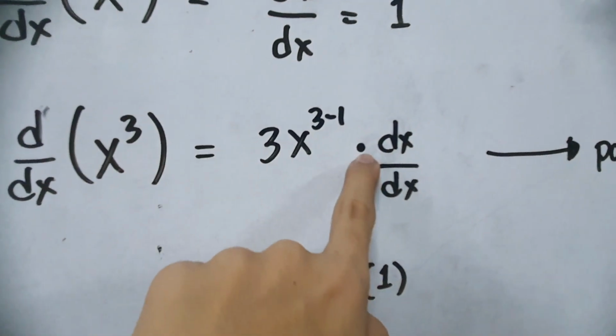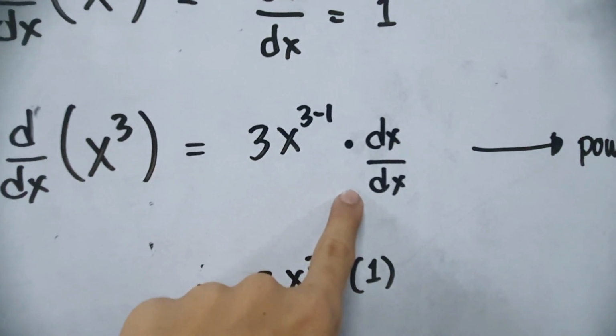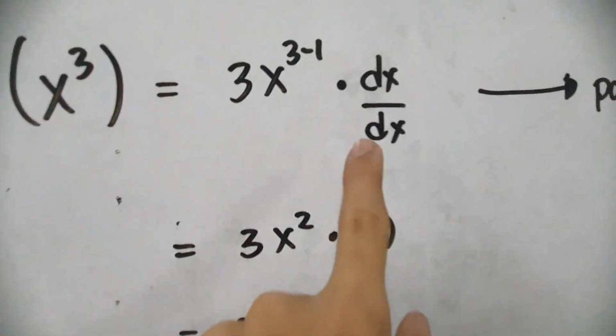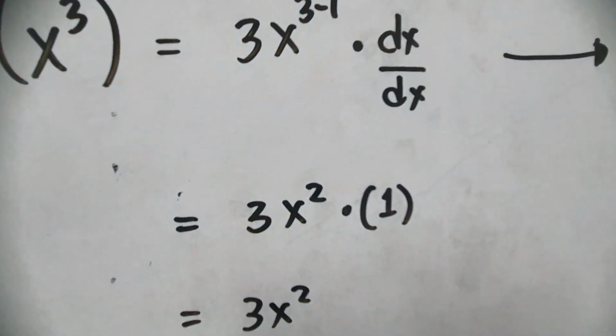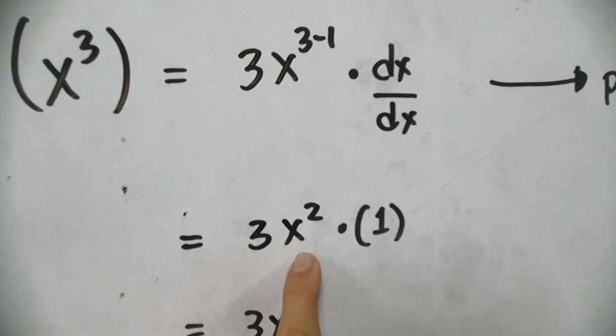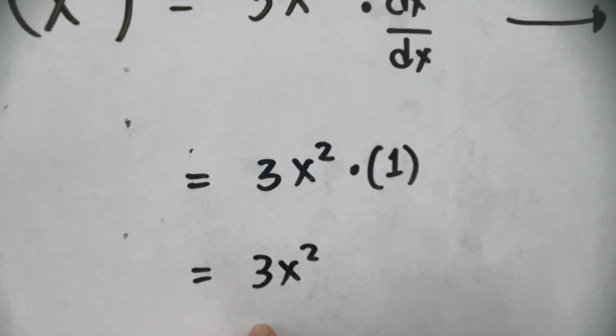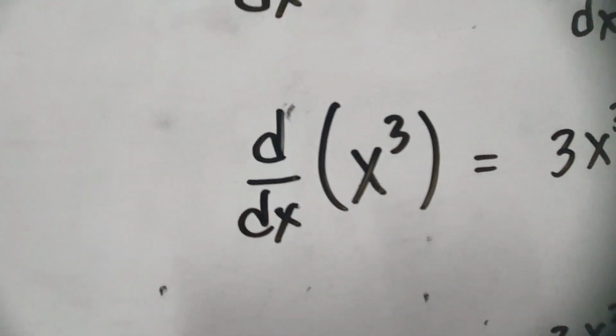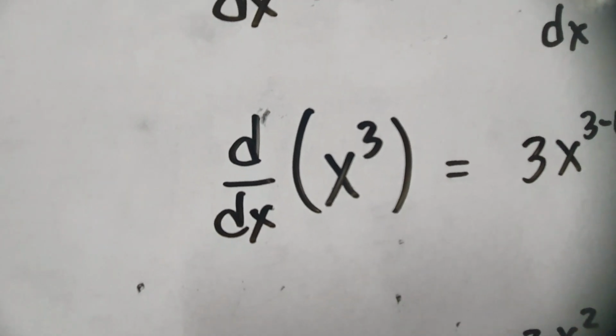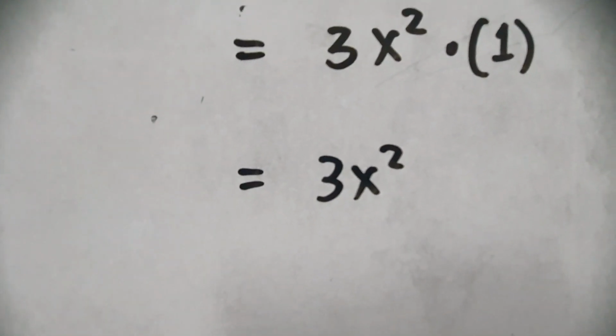That is why we have to multiply dx over dx. When we say dx over dx, that is equivalent to 1. Therefore, 3x squared times 1 is still 3x squared. We simply write the derivative of x cubed as equivalent to 3x squared.